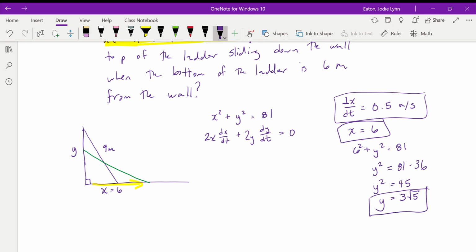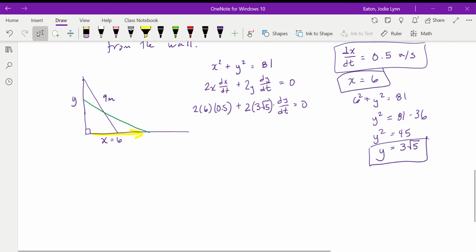Okay, so we are going to go ahead and rewrite these. So we have 2 times 6 times 0.5 plus 2 times 3 root 5 times dy/dt equals 0. Okay, rearranging, we've got 0.5 times 2 is just 1, so we've got a 6.